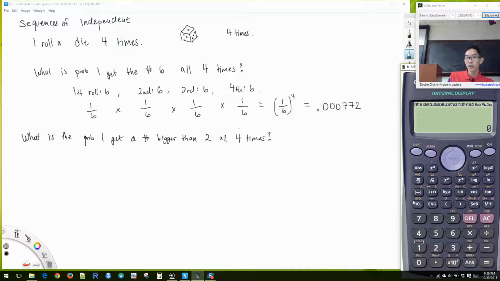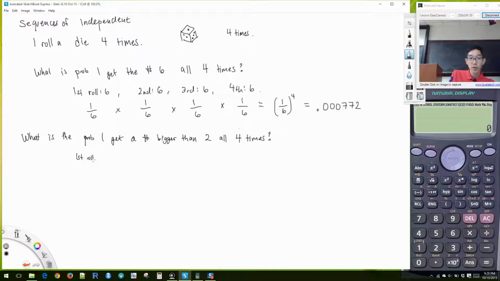Okay, so what do we do? The first roll must be bigger than 2, right? So what's the probability that I get a number bigger than 2? 4 out of 6, because the numbers 3, 4, 5, and 6 qualify as being bigger than 2. So the probability of that happening is 4 out of 6. And this has to happen all 4 times.